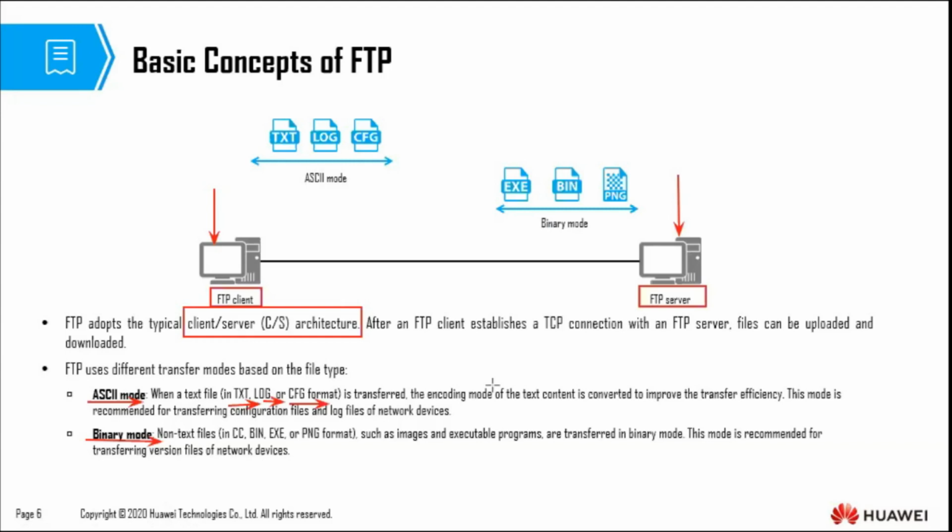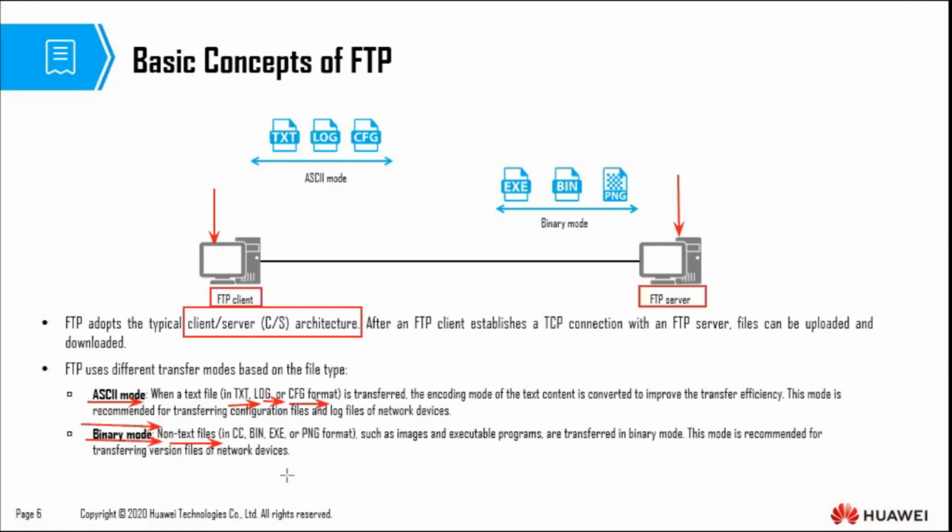So please remember that. On the other hand, we have other files that are non-text files, for example, the .exe files, movies, images, etc. For those kinds of files, we normally transfer them using the binary mode. We use the binary mode because we do not need to convert these files before sending.